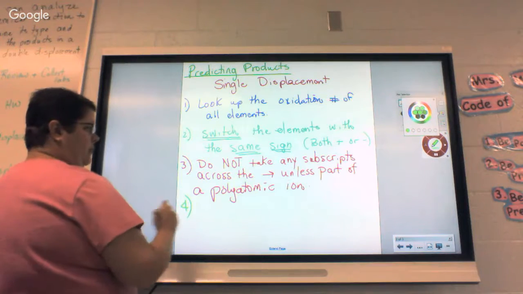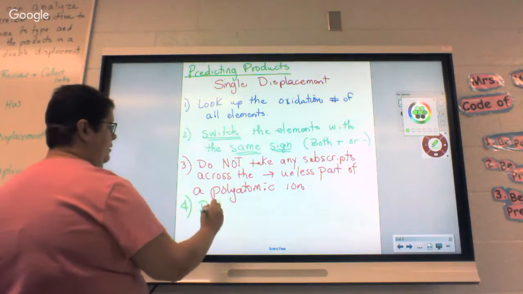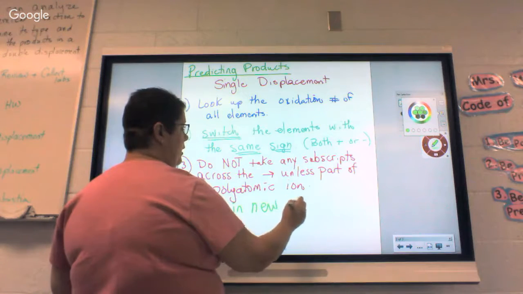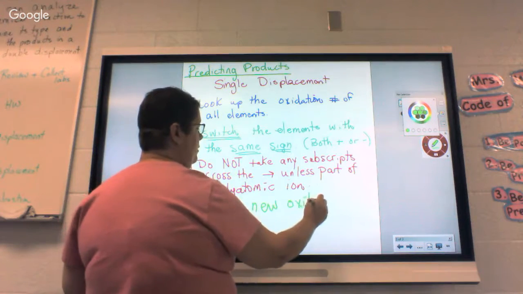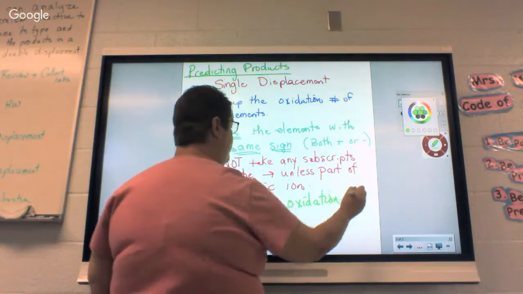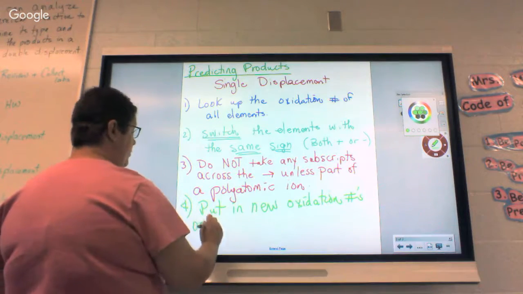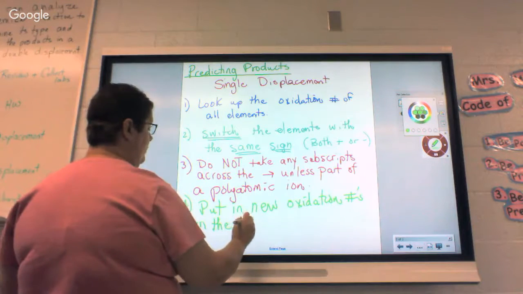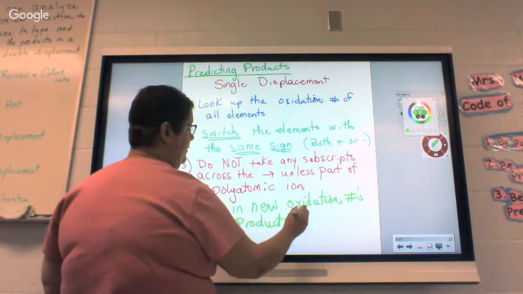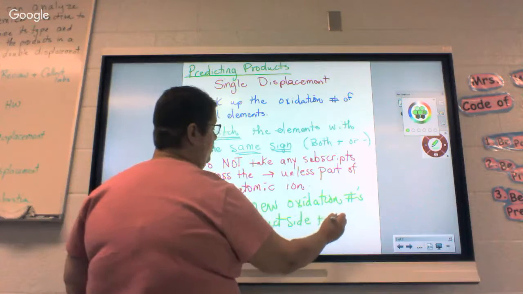Number four, put in new oxidation numbers on the product side and crisscross.